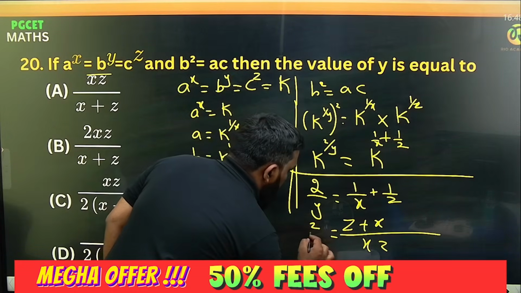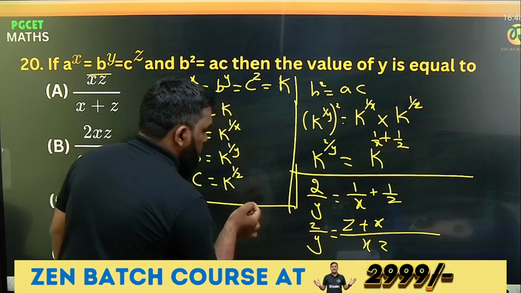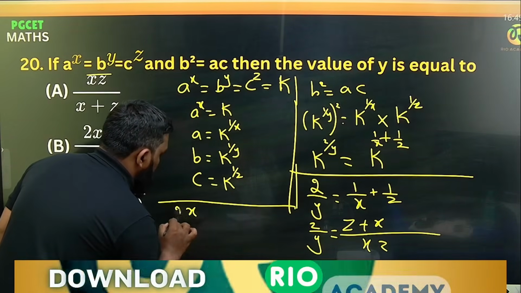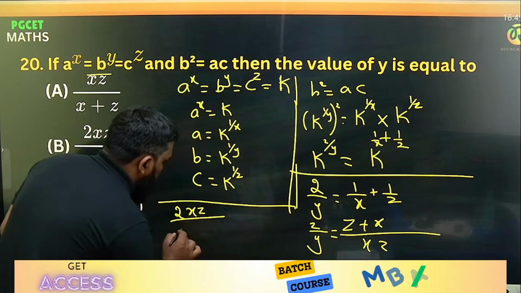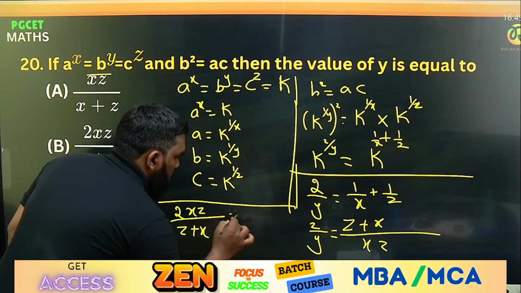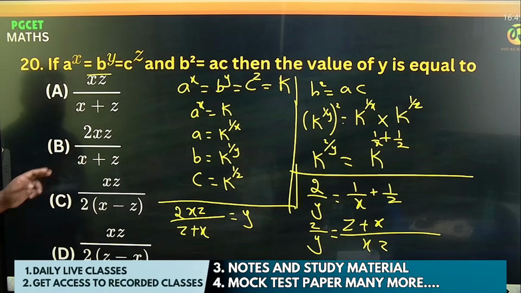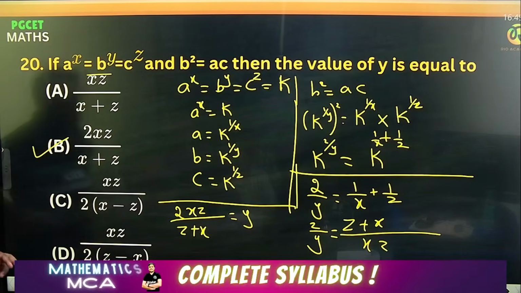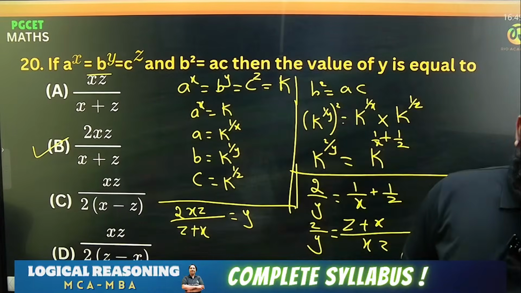This 2Y as it is. Now we cross multiply this side. Now Y will be 2xz divided by z plus x. Now what is the option in that? Yes, option is there. Option B.